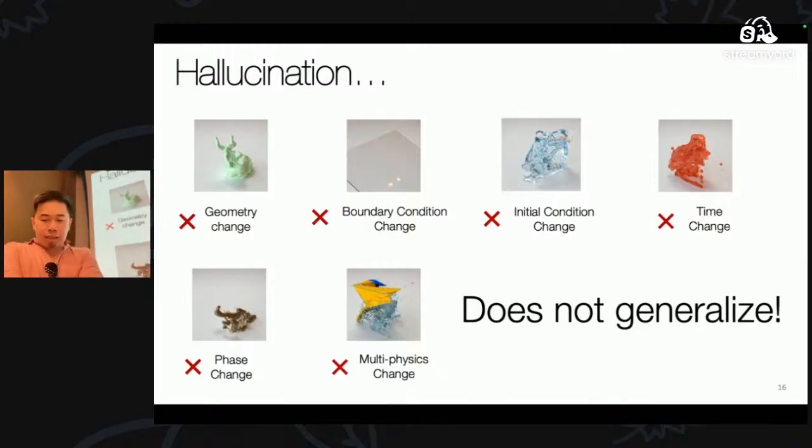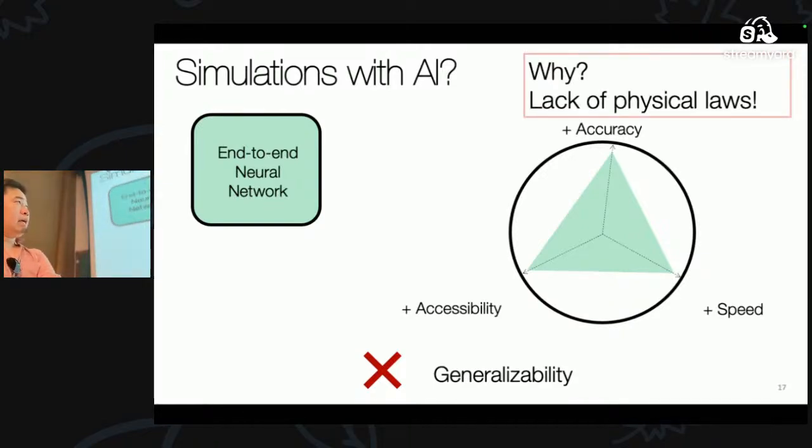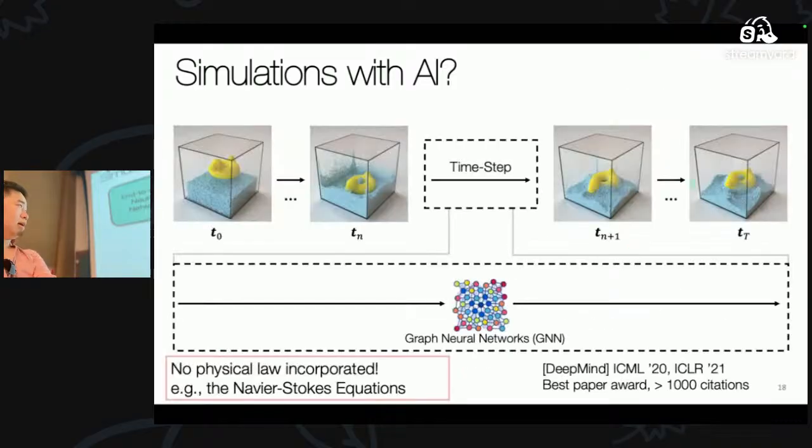So that's one problem that we've been seeing, right? If you just naively apply these neural networks, you run into this generalizability problem because of the lack of physical laws, right? In this case, this equation was never really leveraged here. So that's why it doesn't generalize very well.